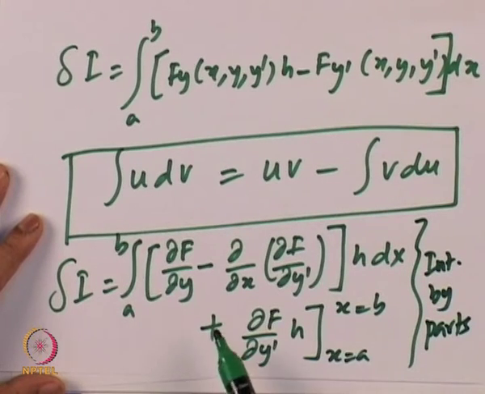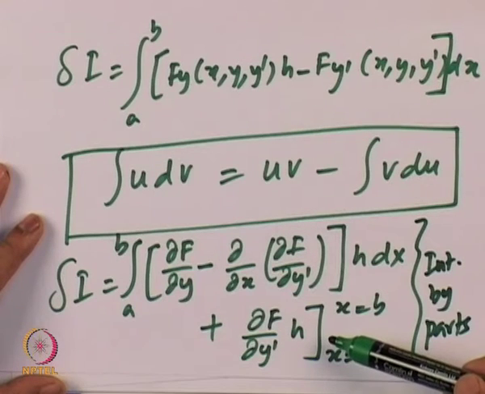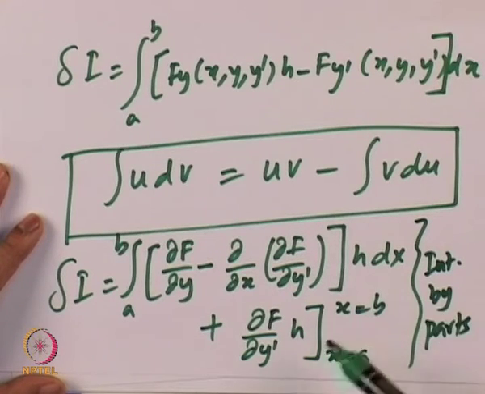So when we integrate by parts, this particular equation gets transformed into this equation, and you will see that this particular thing is a boundary term. So you can apply the boundary condition at the boundary x equal to a and x equal to b, where the variation along h will be 0.